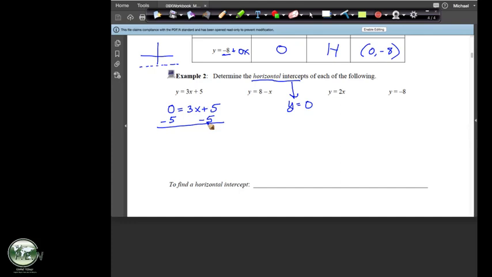So we get -5 here. This cancels, equals 3x. And then what do we do? Divide by 3. So we oftentimes, with the horizontal intercepts, end up with some fraction stuff. That's just not that useful for us.